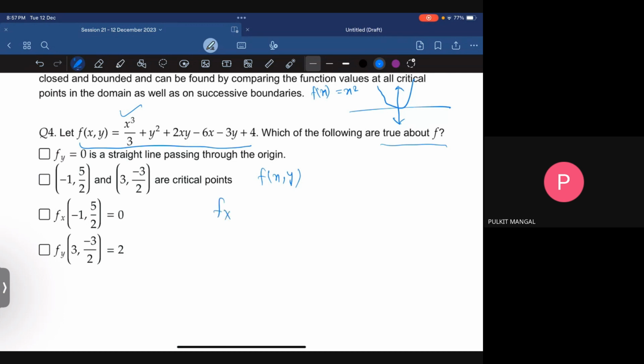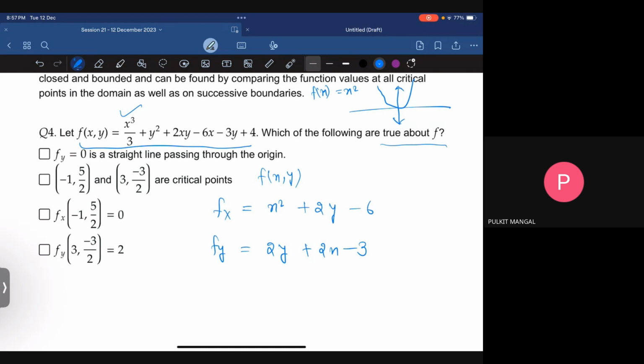With respect to x, it would be x cubed by 3, so it would be just x square plus 2y minus 6. Okay. With y, it would be 2y plus 2x minus 3.